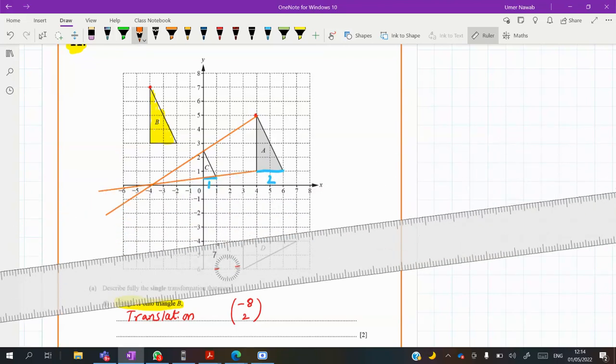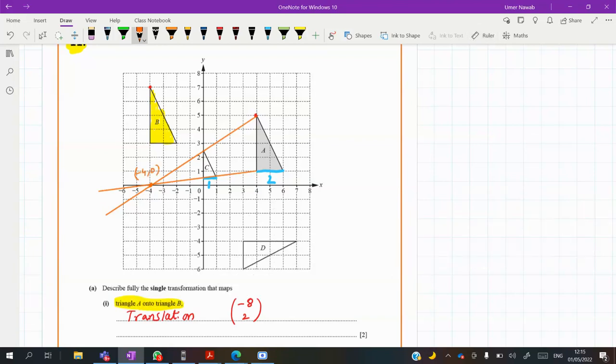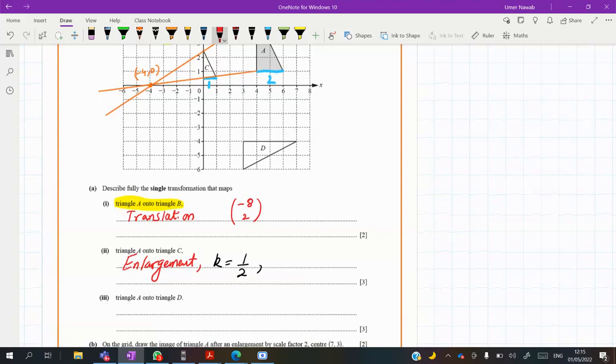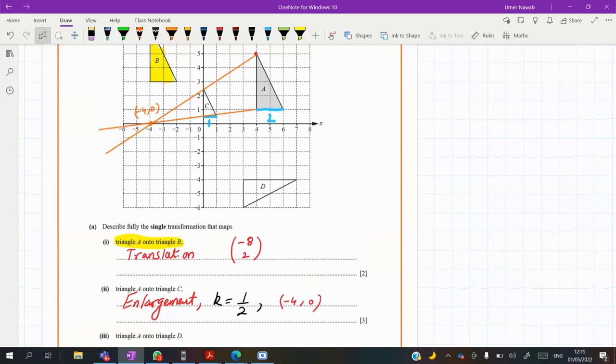So it is clearly seen this point minus 4, 0 is the center of the enlargement. Minus 4, 0 is the center of the enlargement. So, translation and enlargement, they are pretty straightforward, no problem in them.